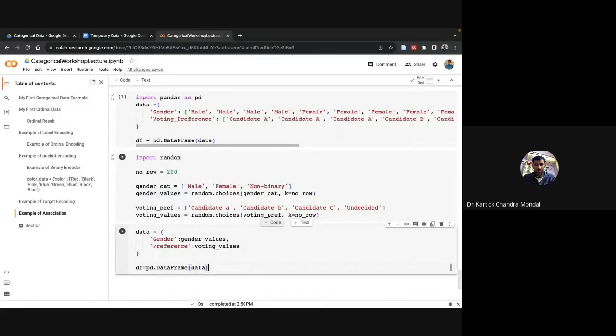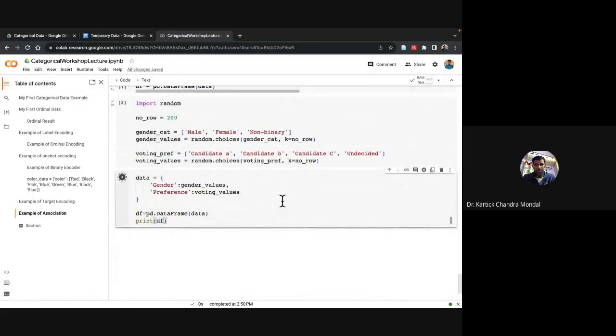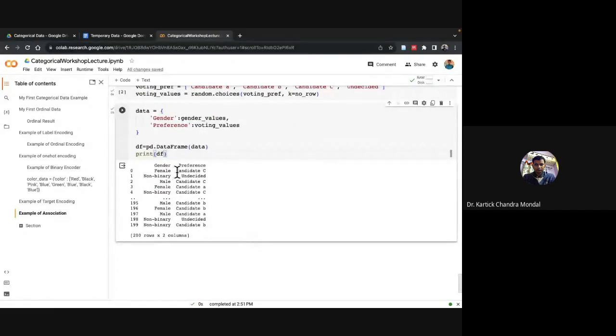The same way I have used earlier also, print df. And now you see a data set having 200 rows has been created in a fraction of a minute.